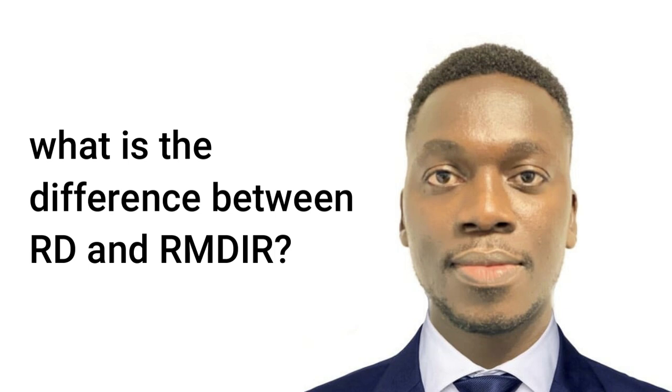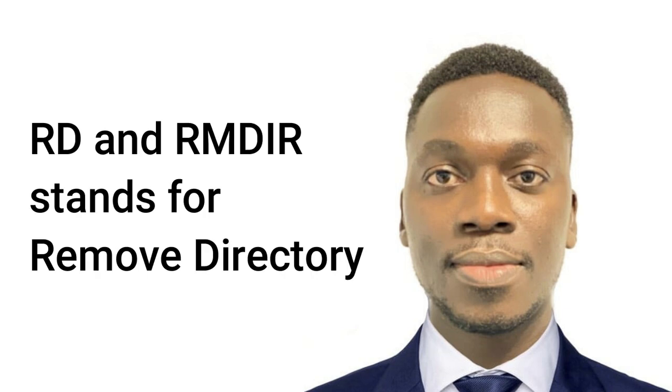RD goes with 2 characters, whilst RMDIR goes with 5 characters. But theoretically and also practically, they perform the same function. RD and RMDIR stand for remove directory. That is, if you have a created directory on your desktop, you can use these commands to delete them or remove them from a specific location.